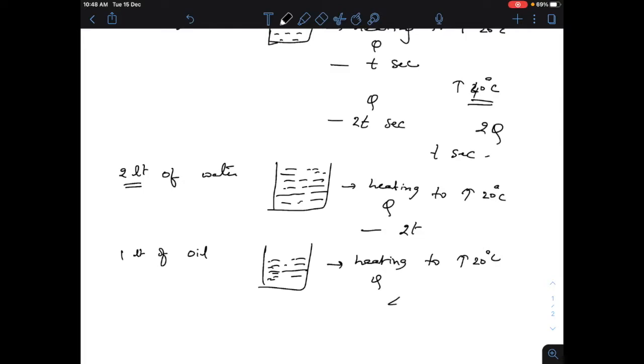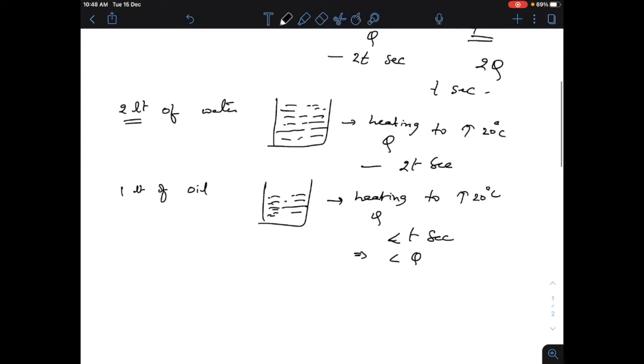Then it takes less than t seconds, which implies it requires less than the amount of heat Q to be supplied.